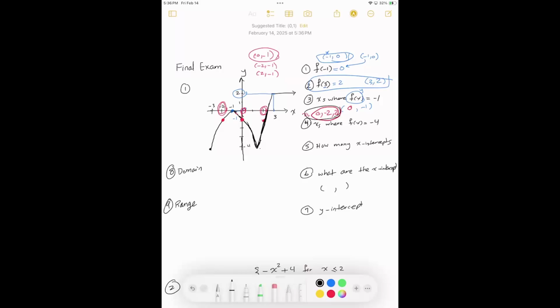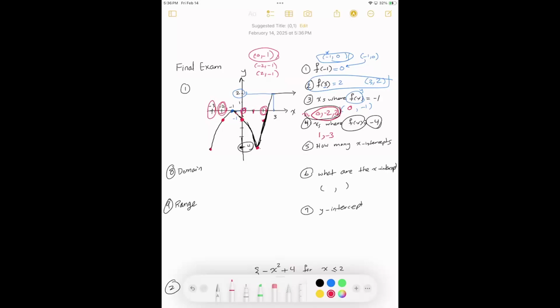It says find x where f of x is -4. This is -4 on the y-axis, right? This is your y value. It says when y value is -4, where is the graph? Trace it. At -4, this is where the graph is. So separate your x's with a comma.